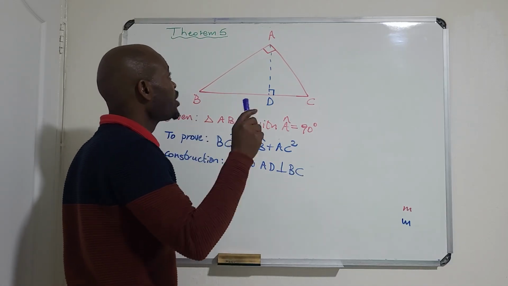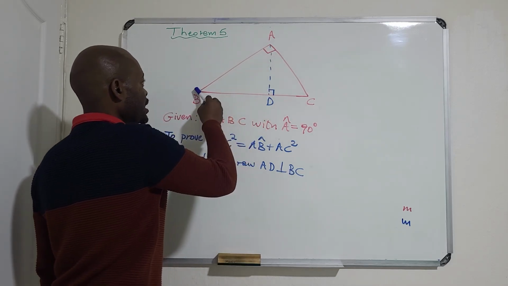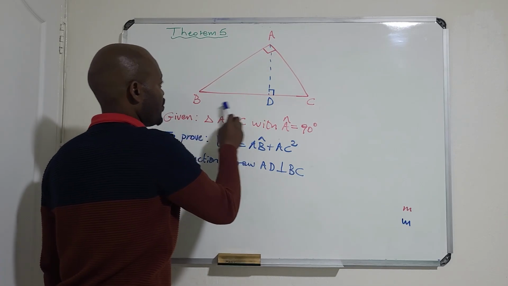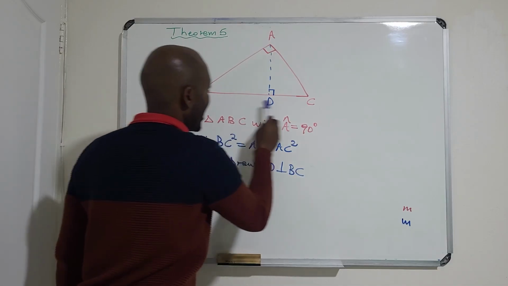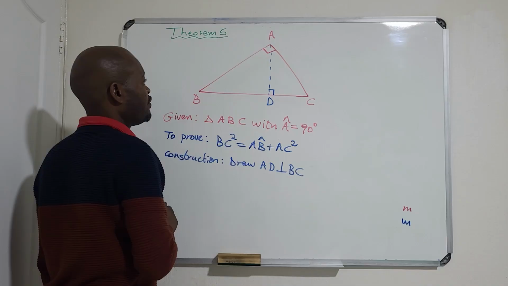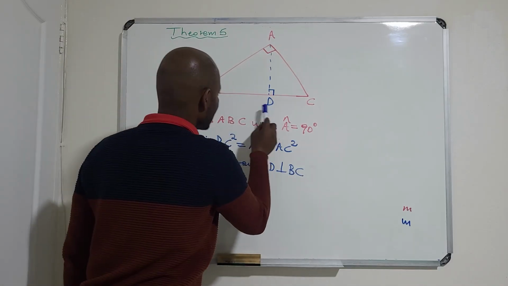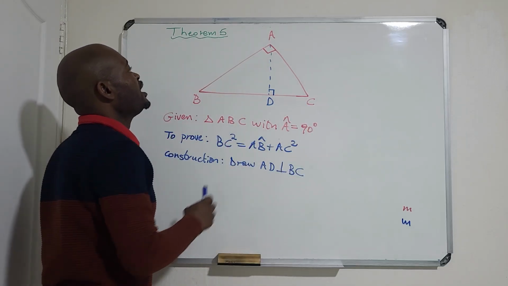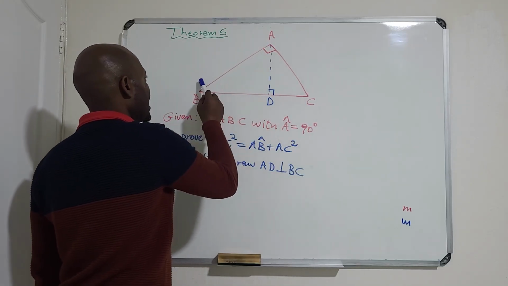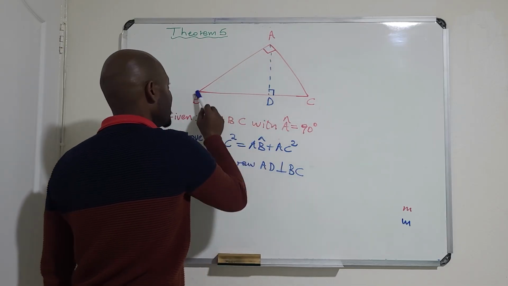And by using equiangular triangles, for us to get AB in terms of this and that, we need to first prove that this triangle is similar to this triangle here.